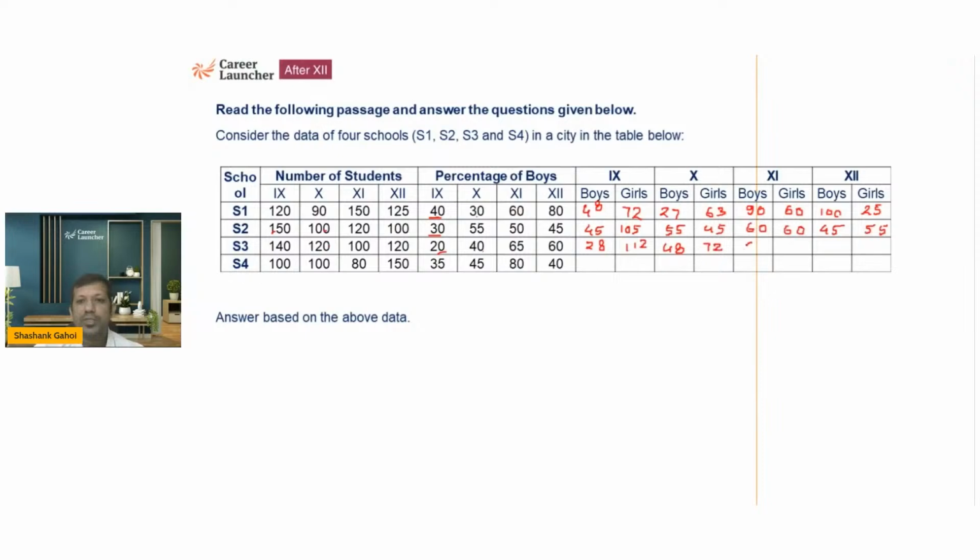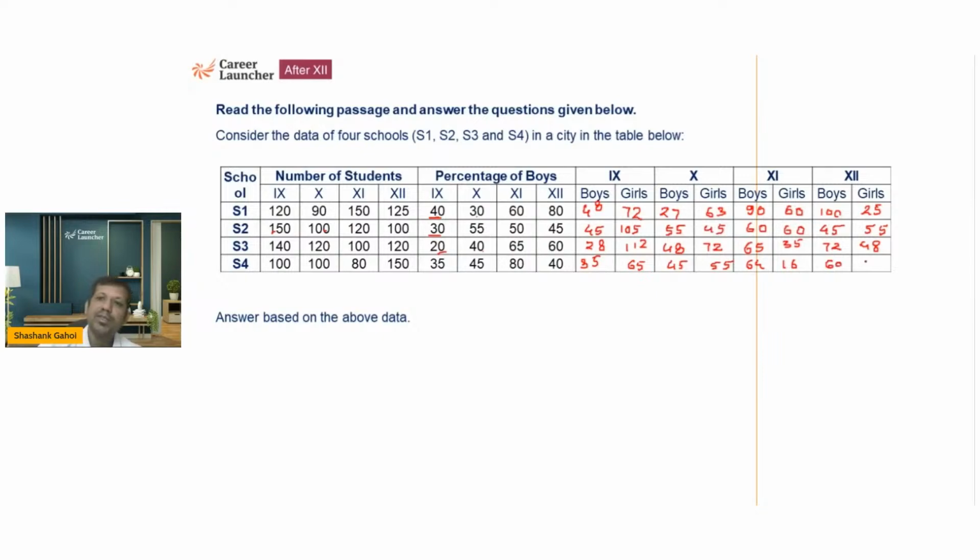Then it is going to be 65 and 35. Then it is going to be 72 and 48. It is going to be 35 and 65. Again, it is going to be 45 and 55. Then 80, 80, 64 and 16. And 150, 40, 60 and 90.